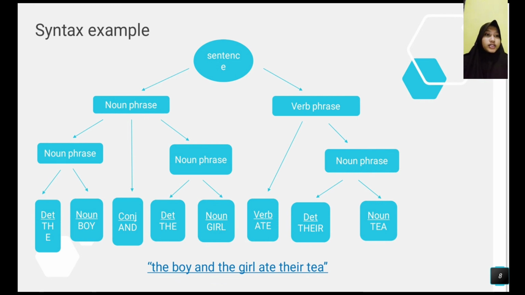Girl, noun phrase. Ate, verb phrase. The sentence, their determiner, noun phrase, verb phrase, and tea, noun phrase, verb phrase, and sentence. Okay, that is the example from syntax.